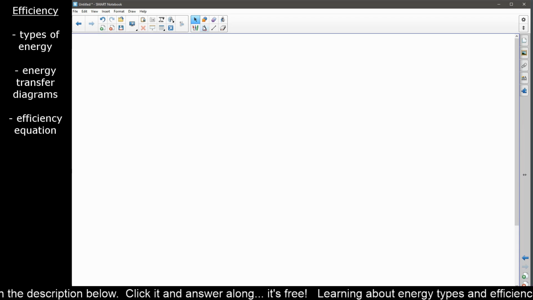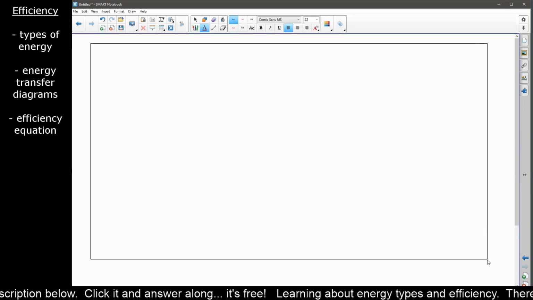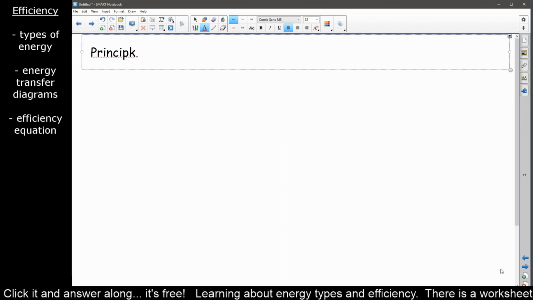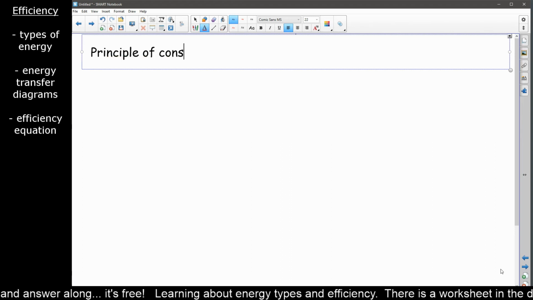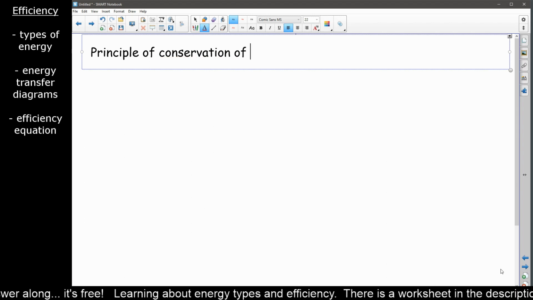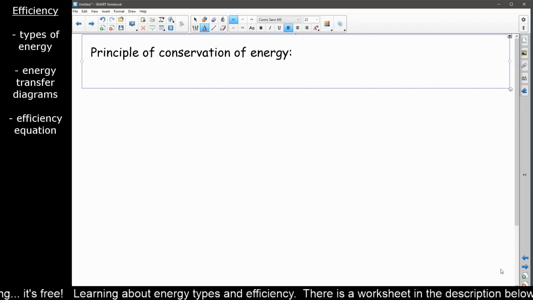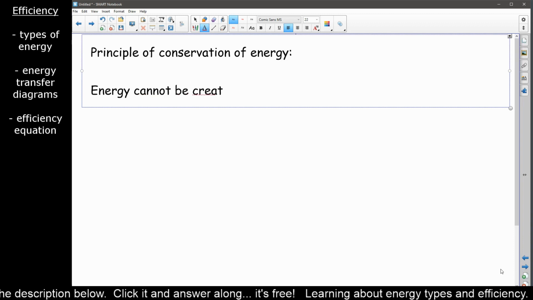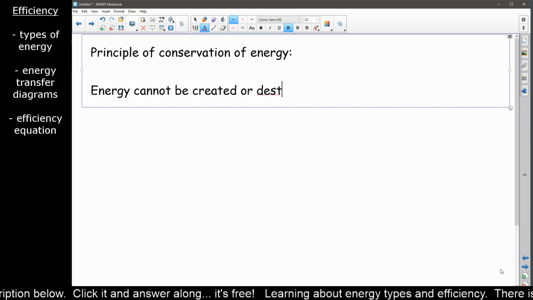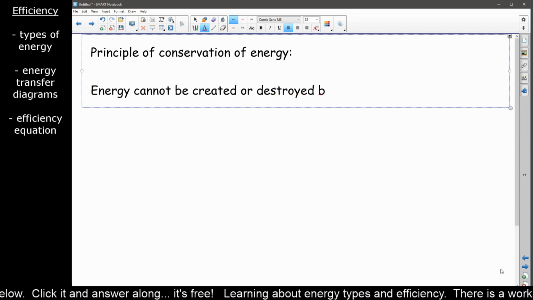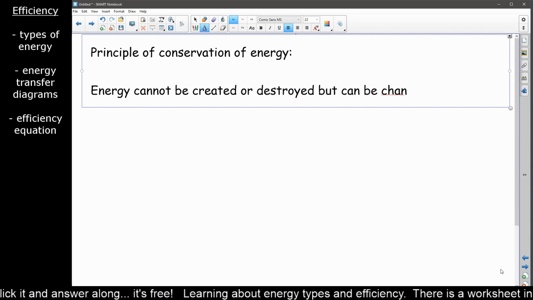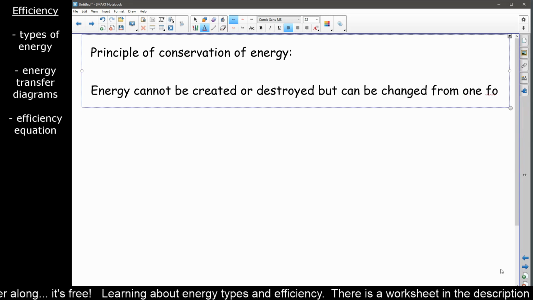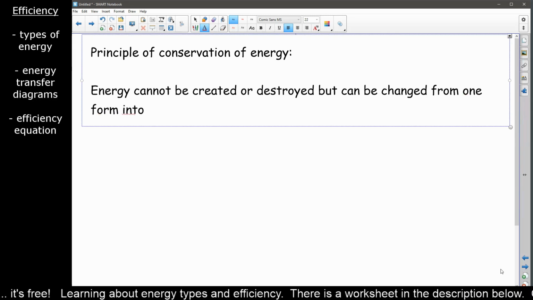And the biggest problem associated with doing that is something called the principle of conservation of energy. Okay, the principle of conservation of energy. Right. And this states that energy cannot be created or destroyed but can be changed from one form into another.